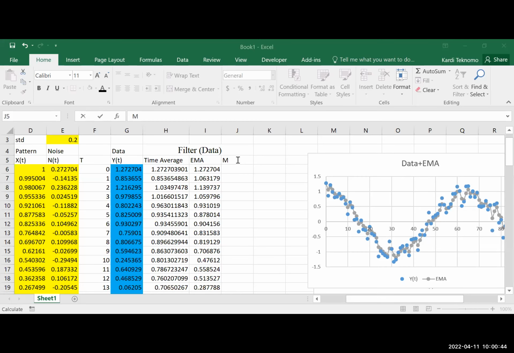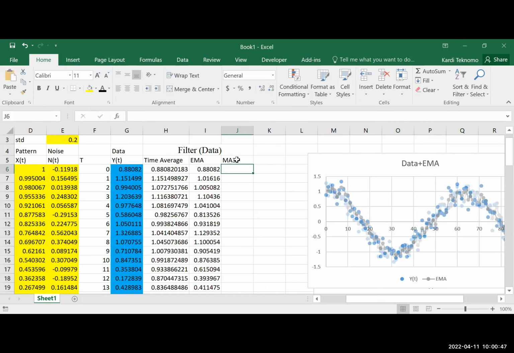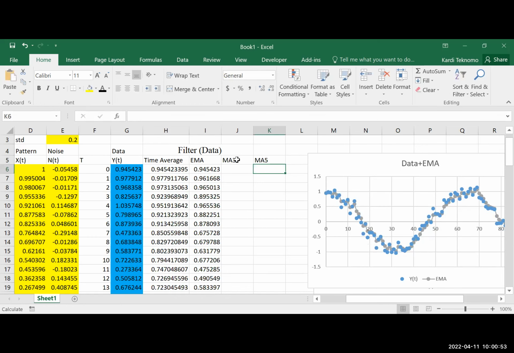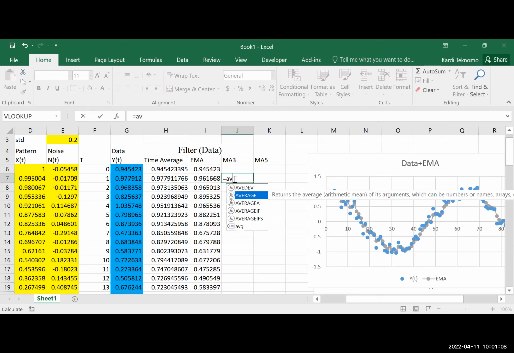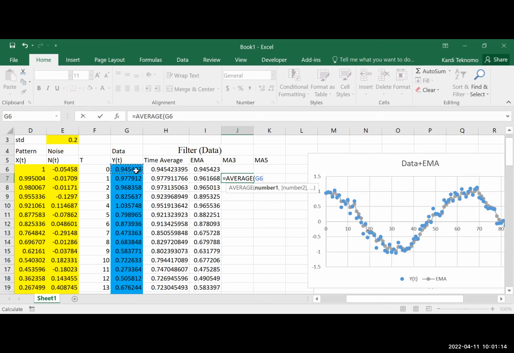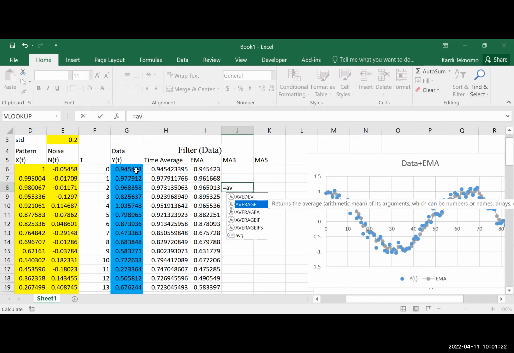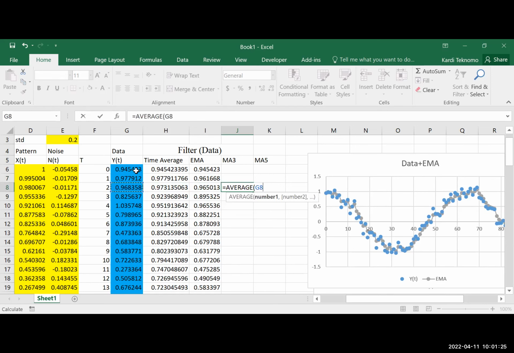I will create MA3 and MA5. MA3 is easy. What I will do is take the average of the last three data.